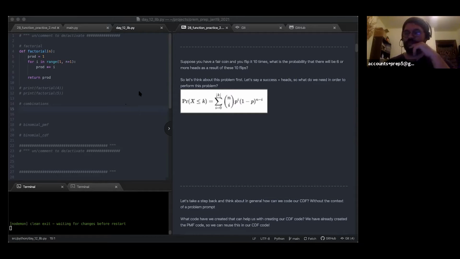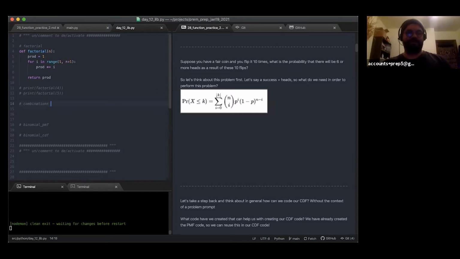Cool. Yeah, we got some answers. All right. So our combinations formula is n factorial over the product of n minus k factorial times k factorial.